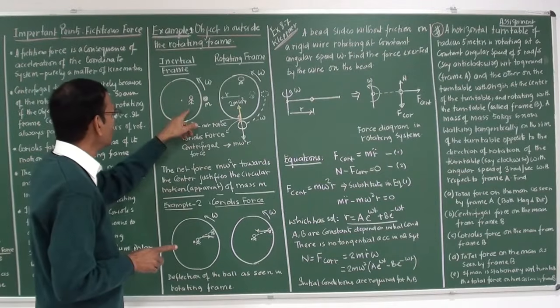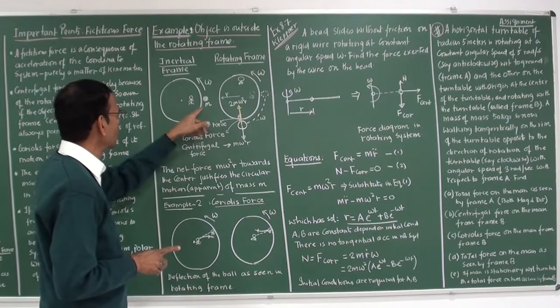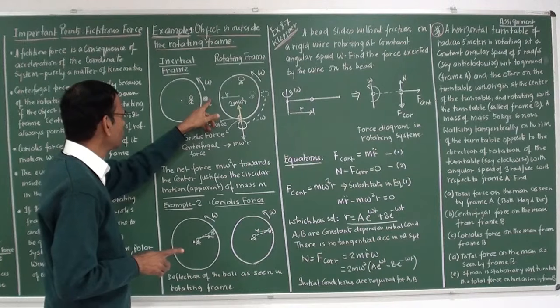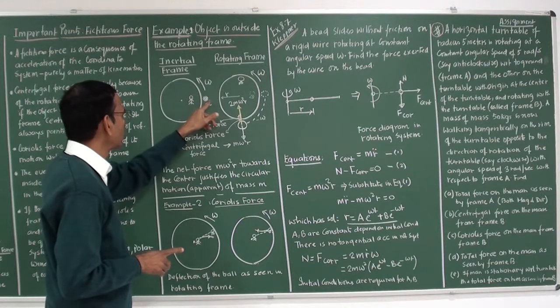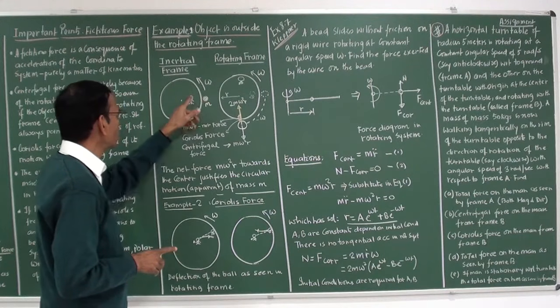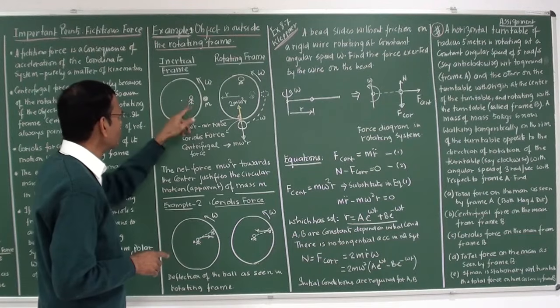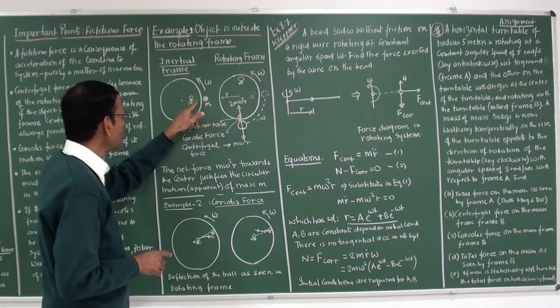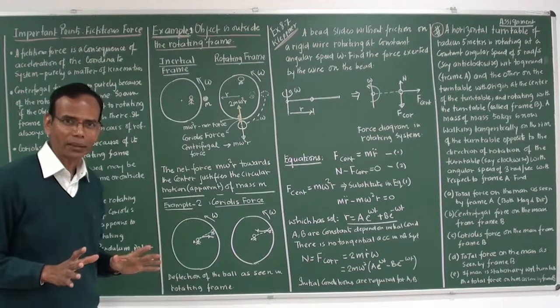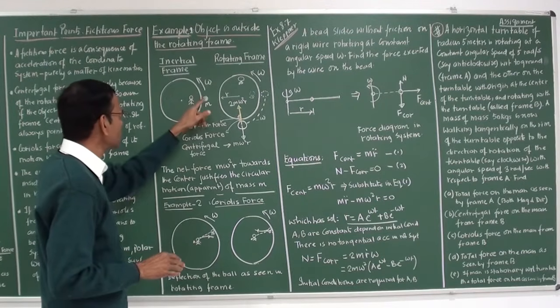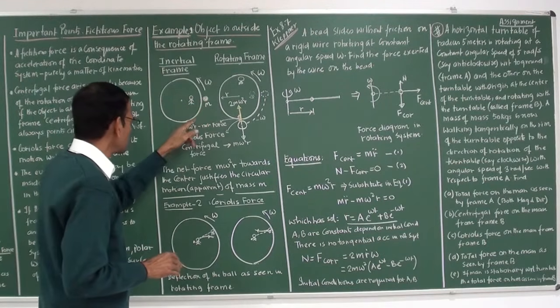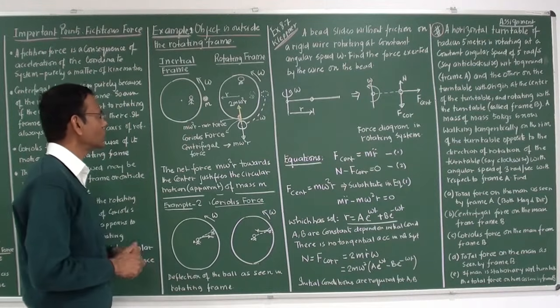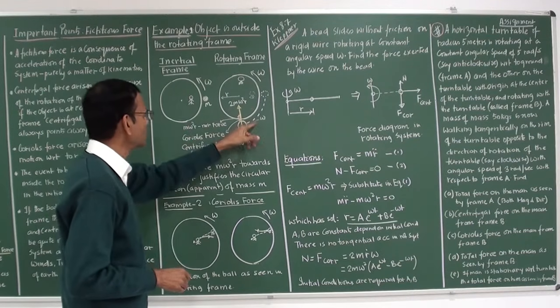So there is a man who is in the rotating frame. There is a block over here, a coin or whatever, of mass m. What will he observe? He will not observe that he is rotating. He will observe that this coin or the block is rotating in the opposite direction. So it is plus omega, he will see it as minus omega.